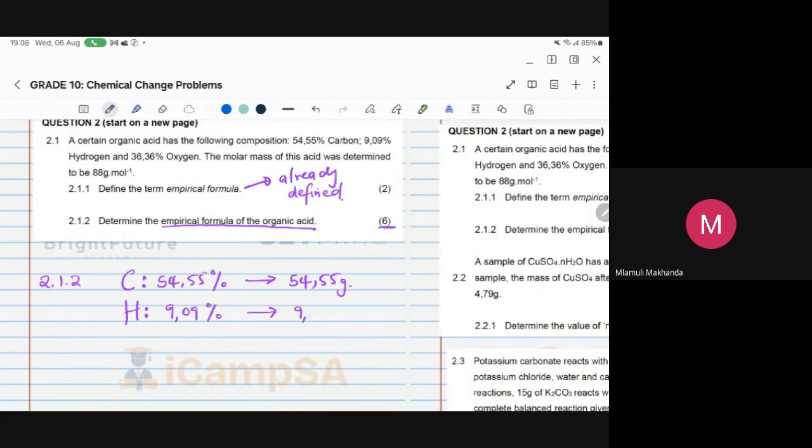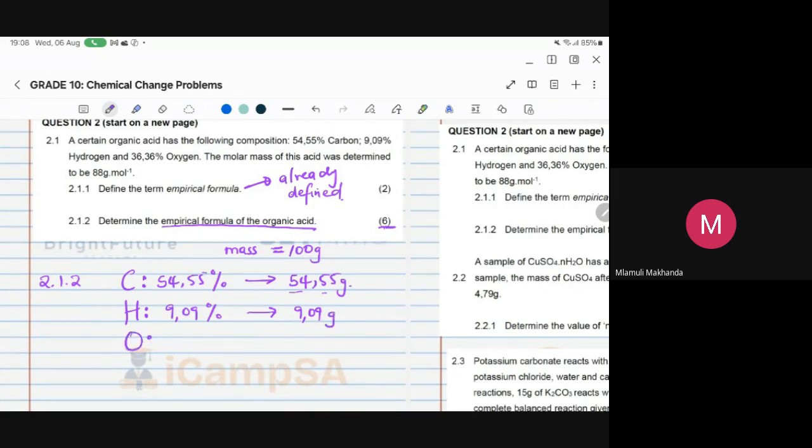You don't divide or multiply. There's no formula for converting these percentages to mass. The reason we take them as they are and convert them to mass is because we assume that the mass of the whole compound is about 100 gram. So 54% of 100 gram is just 54.55 grams, and so on.